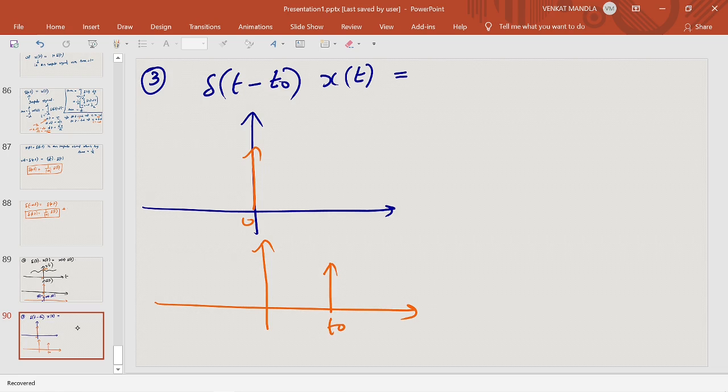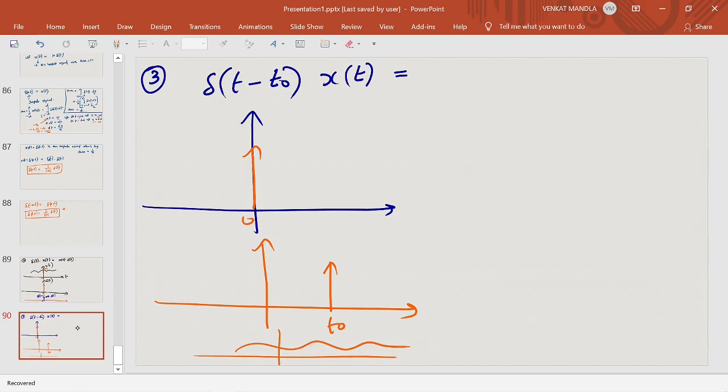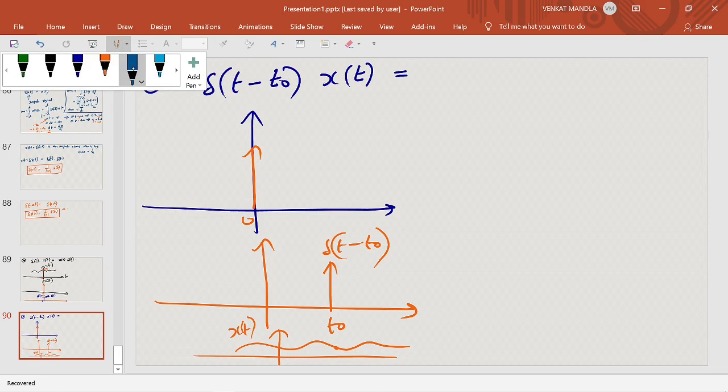You are multiplying this signal, let us say any signal x of t, this is x of t. This impulse signal del of t minus t naught exists only at t equal to t naught. Let us say x of t has value at t equal to t naught as x of t naught.